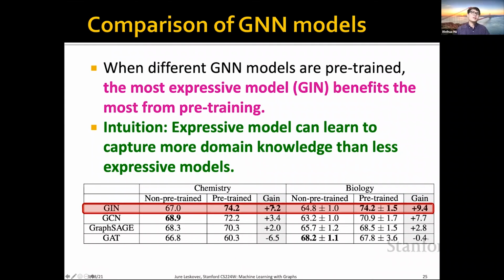As you can see here, the gain of the pre-trained model versus the non-pre-trained model is the largest in terms of accuracy. And the intuition here is that the expressive GNN model can learn to capture more domain knowledge than less expressive models, especially learned from large amounts of data during pre-training.